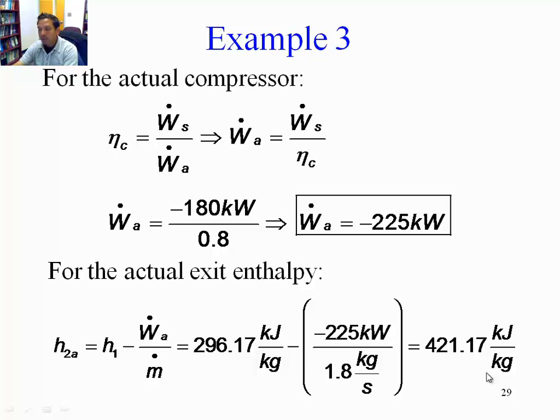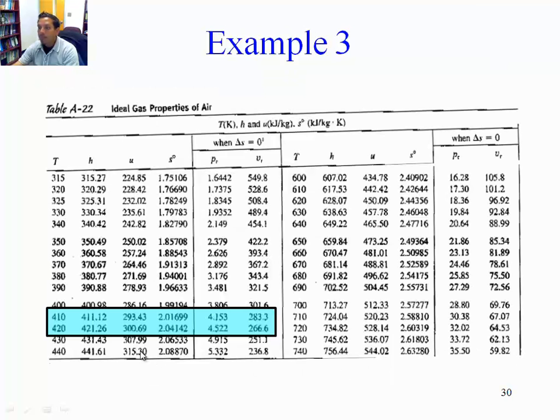Then we can use that value, go to the table, 421.17, and we can see that it's very close to this value. We could interpolate between 411.12 and 421.27, but it's very close to this one. We'll find a value that is very close to 420 for the temperature, maybe 419.99. So we don't need to interpolate, really.